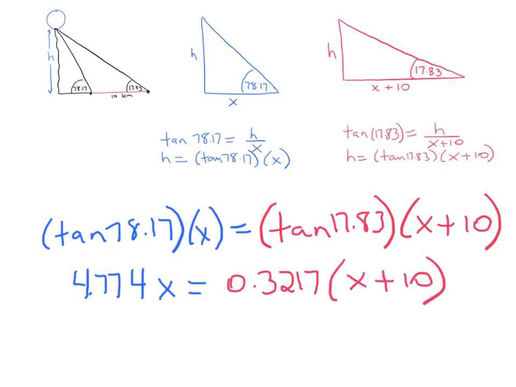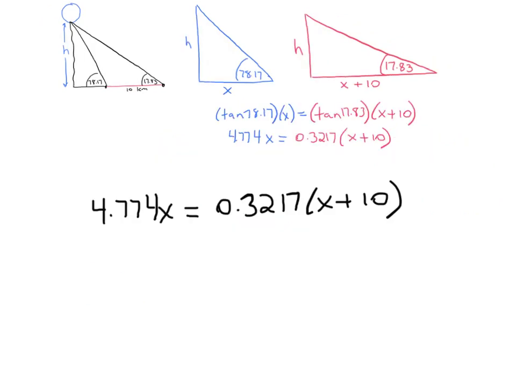So substituting the values of the angles into your calculator and obtaining the tan ratios, we end up with a simplified equation to solve. 4.774x is equal to 0.3217 times x plus 10.